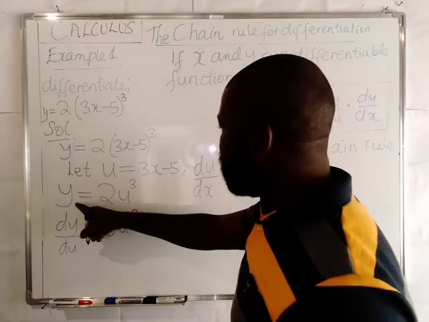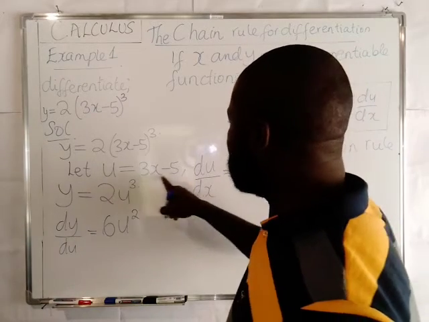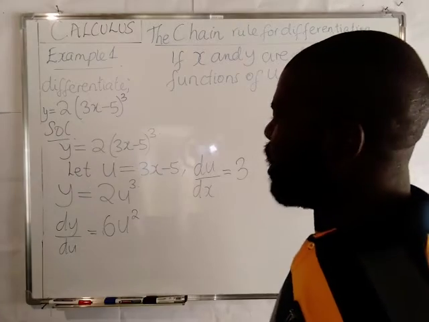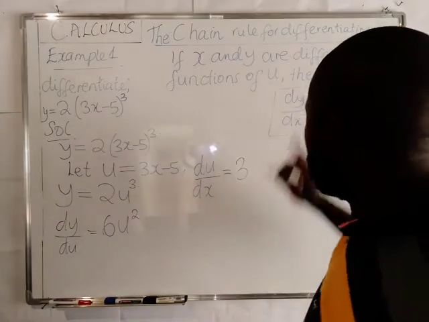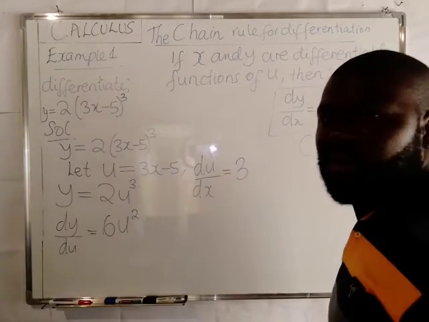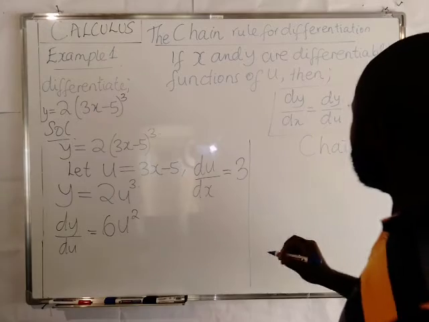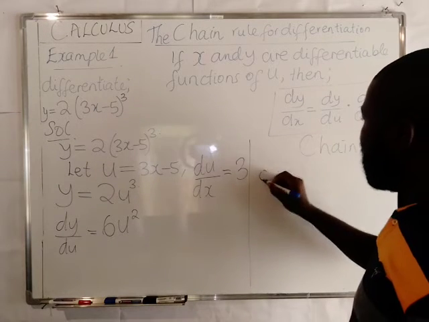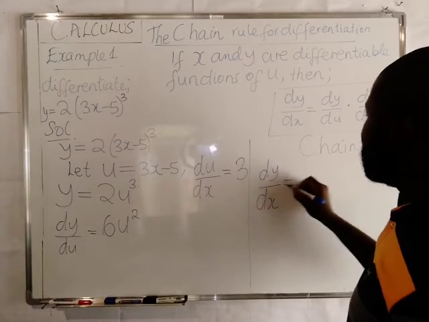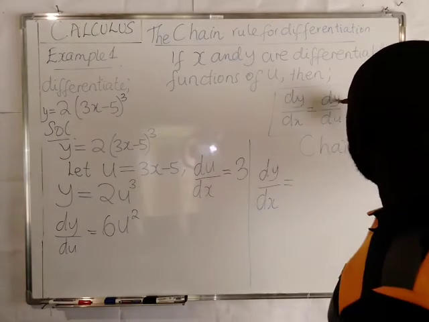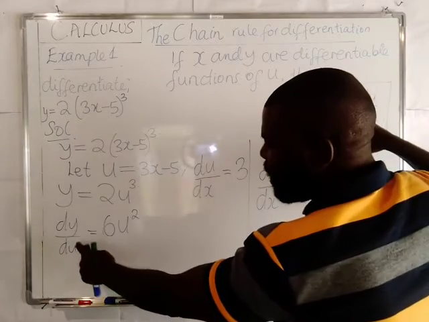We know our y in terms of u, and we know our u. So we have all the quantities that we need to put in our chain rule. Our chain rule says dy/dx is equal to dy/du multiplied by du/dx.